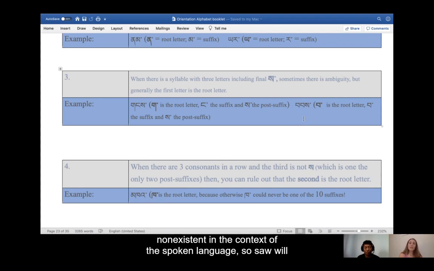So sa will be the only suffix that can be a second suffix, meaning following the first suffix of a word. Therefore, every time you see a word that possesses 3 letters and you're not sure, and the ending is a sa, you can almost always realize that that will be the main post suffix. But sometimes there are exceptions, obviously.